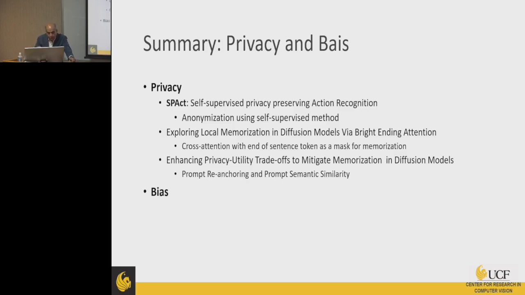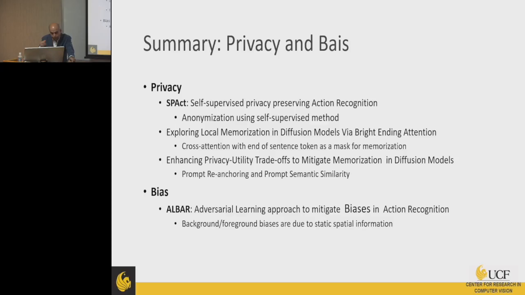Okay? Then we talked about bias, and bias in action recognition, the foreground-background bias. We found that most of the bias is due to the static information the model is using.